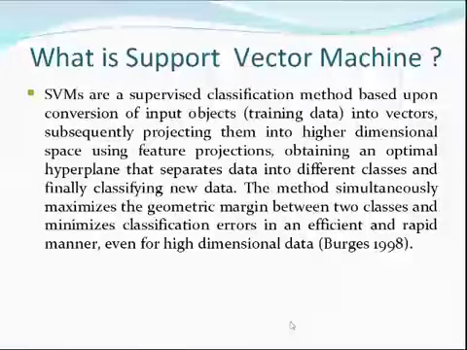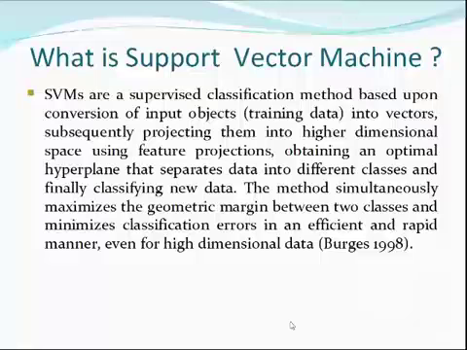Let us look at the working definition of SVMs. SVMs are a supervised classification method based upon conversion of input objects into vectors, subsequently projecting them into higher dimensional space using feature projections, obtaining an optimal hyperplane that separates data into different classes, and finally classifying new data.